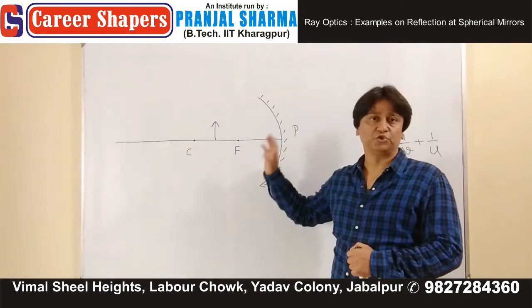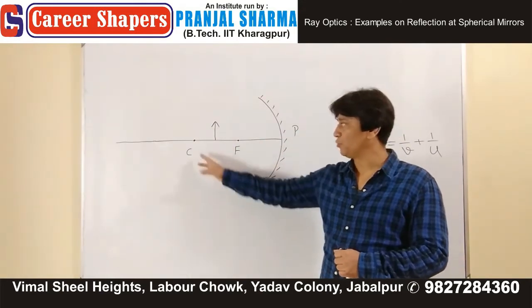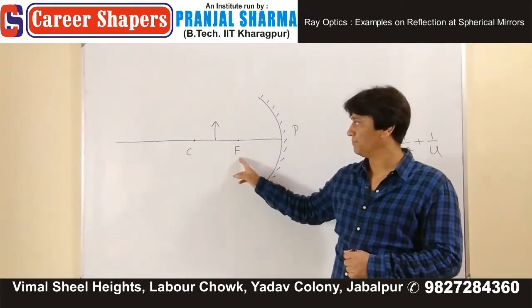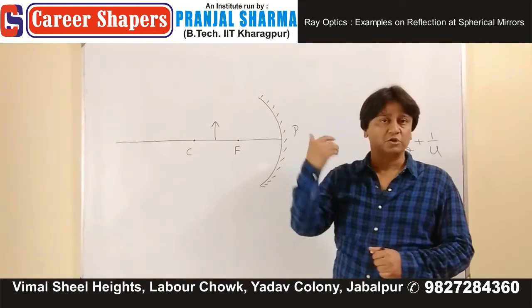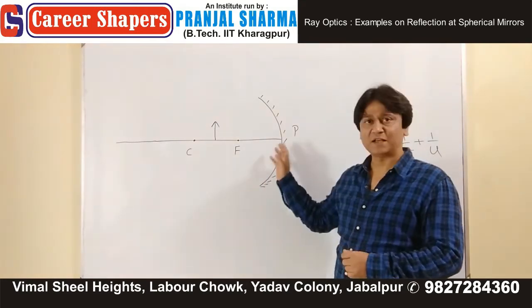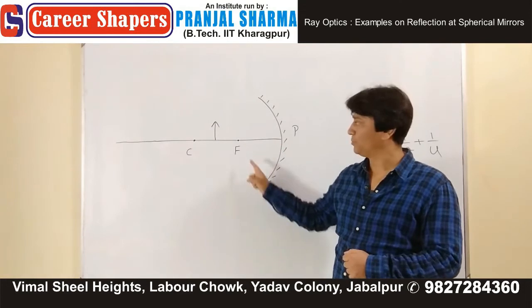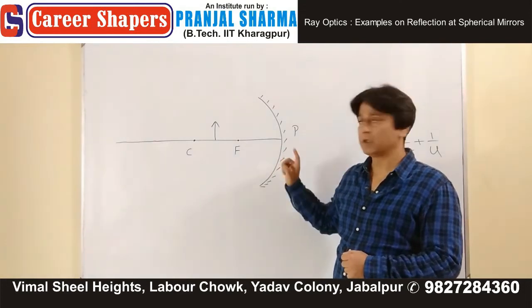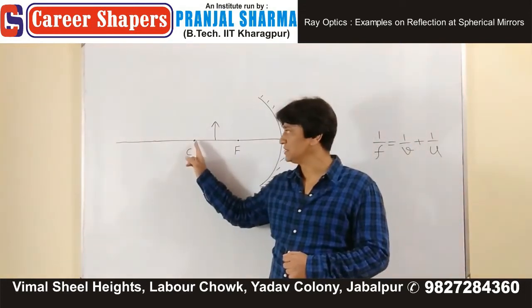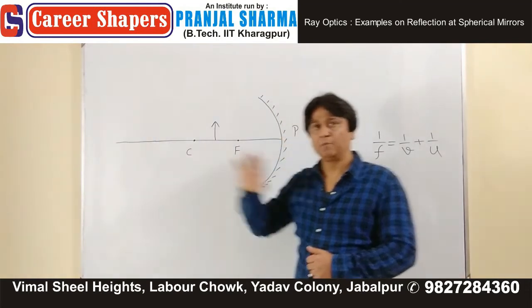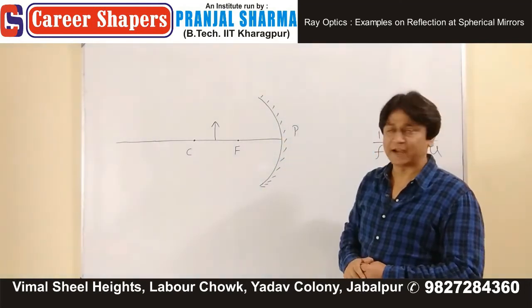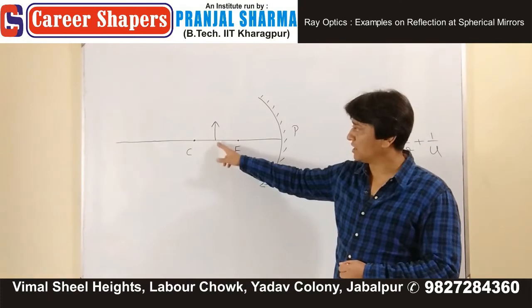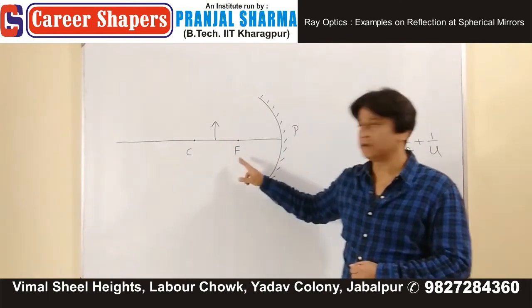For a general position of an object between C and F. Now, you also have homework. You will investigate the same thing if I place an object between F and P, and if I place an object between C and infinity. But right now, I want you to investigate everything if an object lies between C and F.